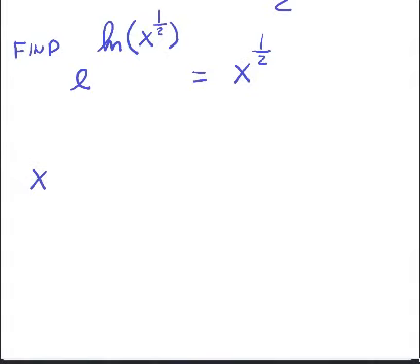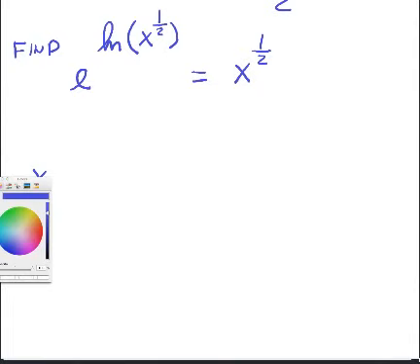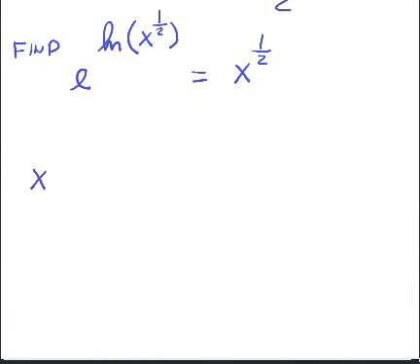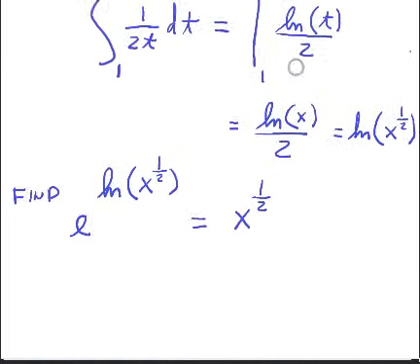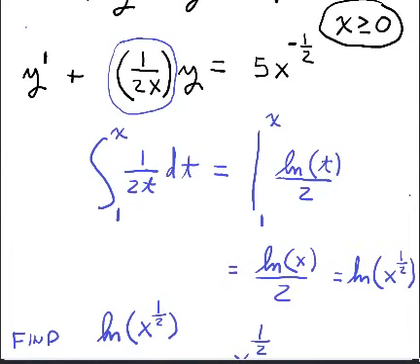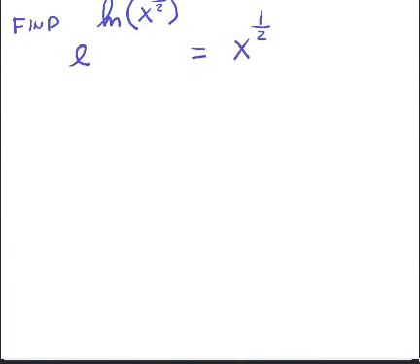So if we multiply both sides of this equation, the one with y prime, by this quantity, we get the following equation: x to the 1/2 y prime.